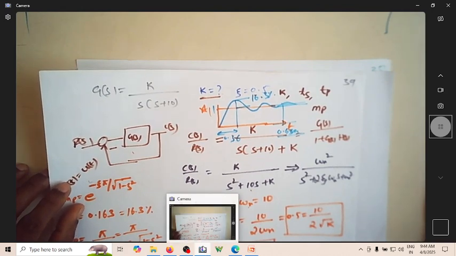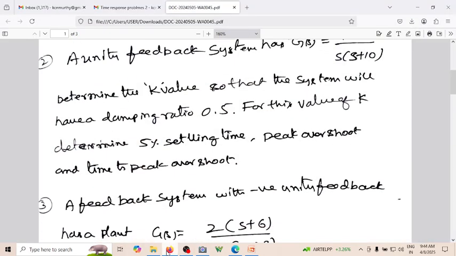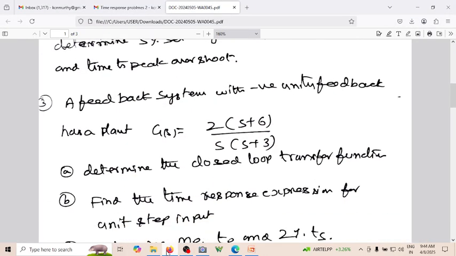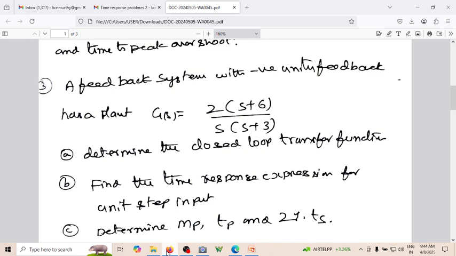The next problem says there is a system with a G of s given as so and so. Let me write that. There is a plant with G of s equal to 2 into s plus 6 by s into s plus 3.